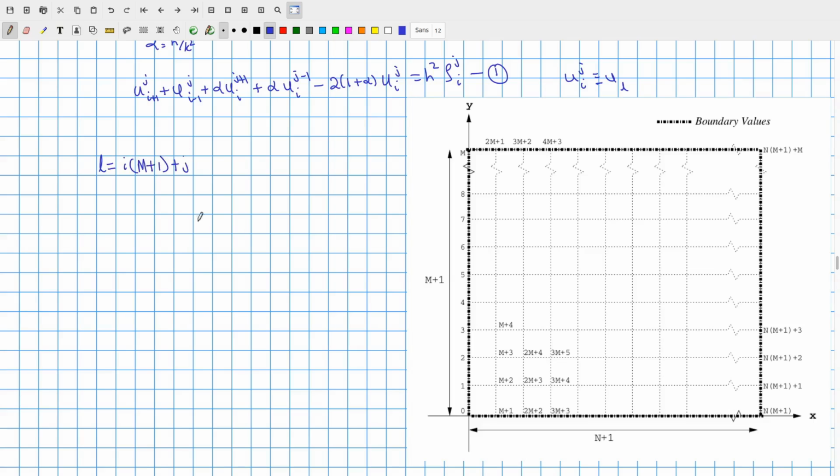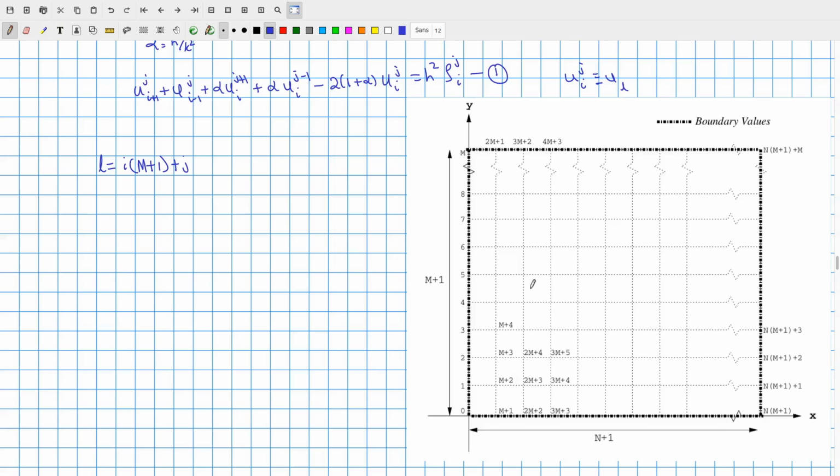When i equals 0, j goes from 0 to m, so i equal to 0 corresponds to this column, 0 to m. When i equals 1, this becomes m plus 1, and j goes from 0 to m, so this corresponds to this column. And for i equal to 2, we can keep checking that.